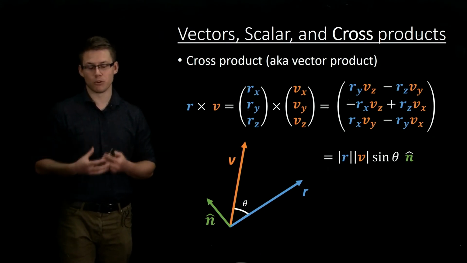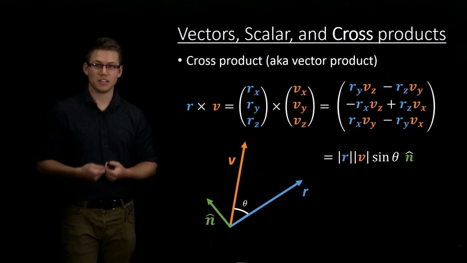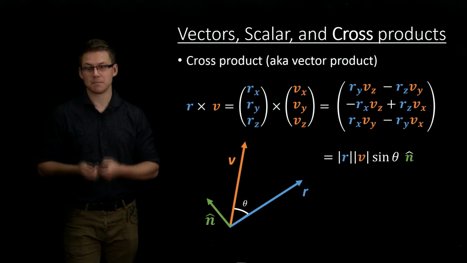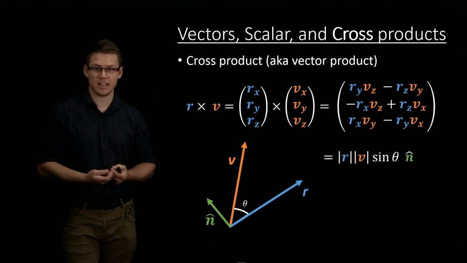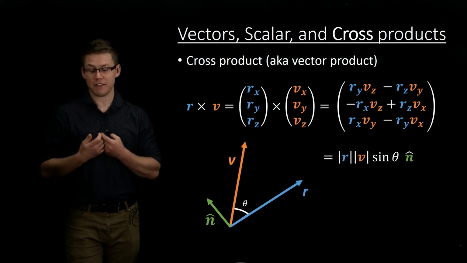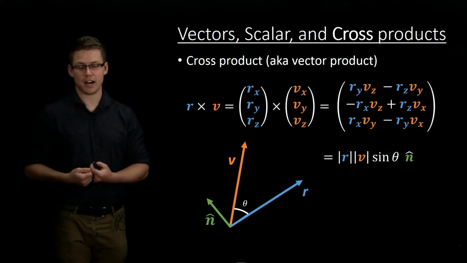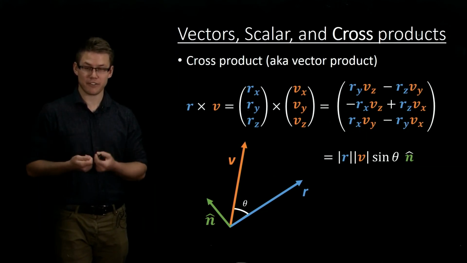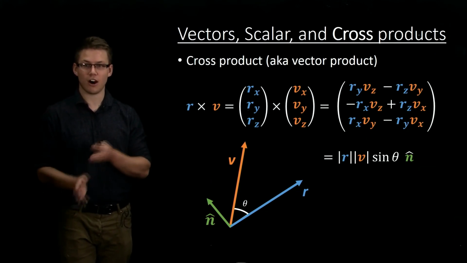Why is all of this important? Well, as I said, the cross product gives you a vector, and that vector is perpendicular to r and v. This is very important because it means that the result of any cross product is another vector perpendicular to both r and v.